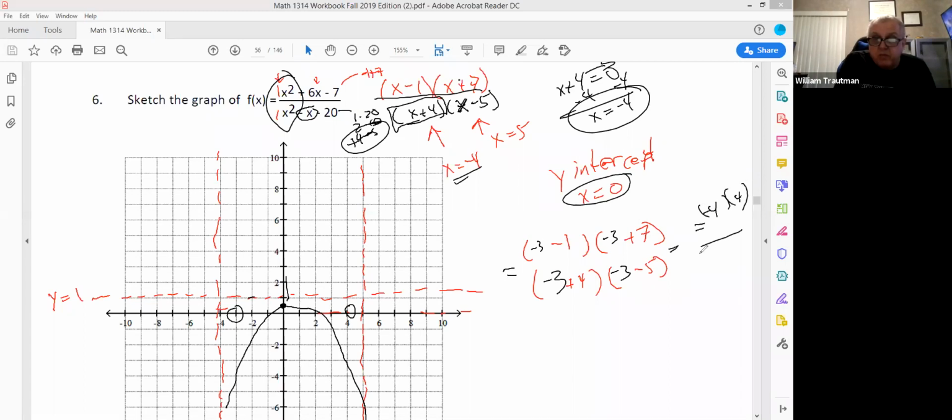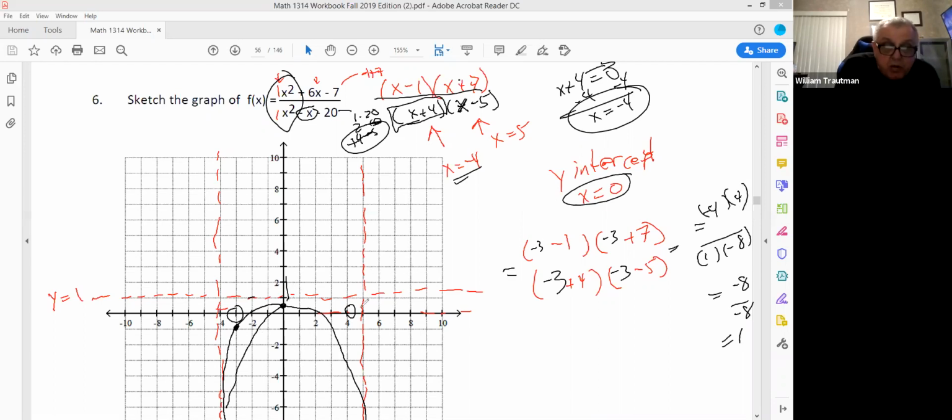And -3 plus 4 is 1. And -3 minus 5 is -8. So if you look, -4 times 4 is -8 on top. And on the bottom, 1 times -8 is -8. So at -3, we get 1. So this does go down somehow, it just goes around more.